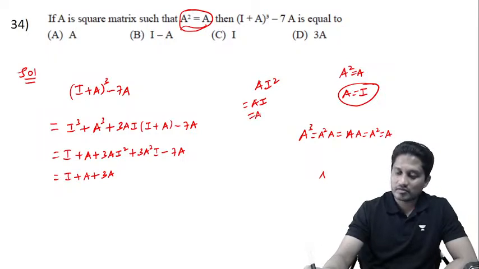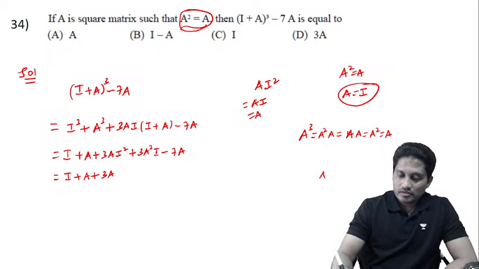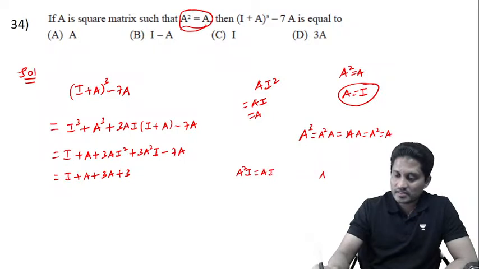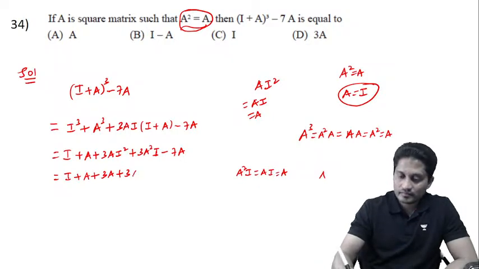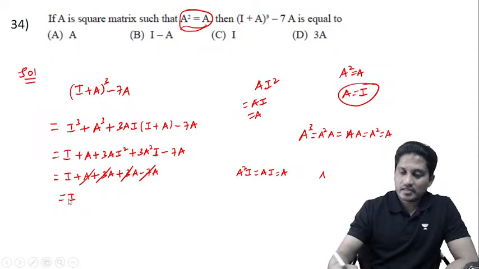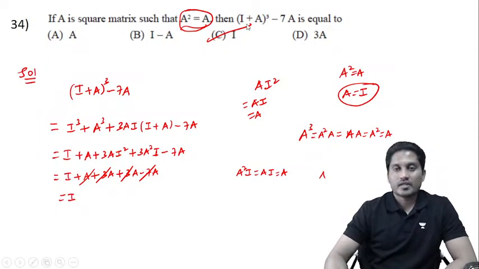A into I is equal to A. This fellow will be equal to A only. Plus this is 3 times, if you have A square into I, A square is A only, right? A into I is equal to A. Minus this is 7A. 3 plus 3, 6, 6 plus 1, 7. 7 will cancel 7. You get I. Answer is option C. You understand?